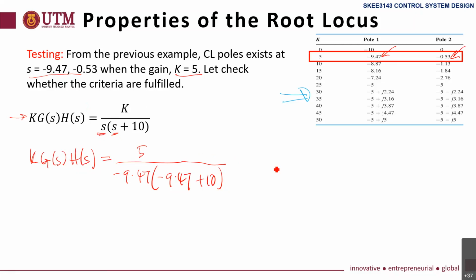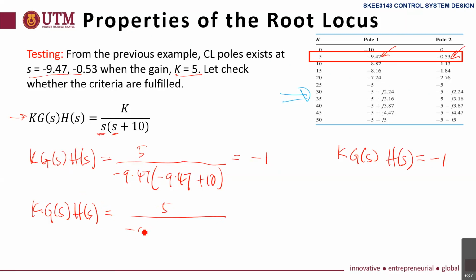If we solve this, you will get minus 1, showing that this fulfills our main property, K G(s)H(s) equal to minus 1. If you substitute s with minus 0.53, minus 0.53 plus 10, you should also get minus 1.